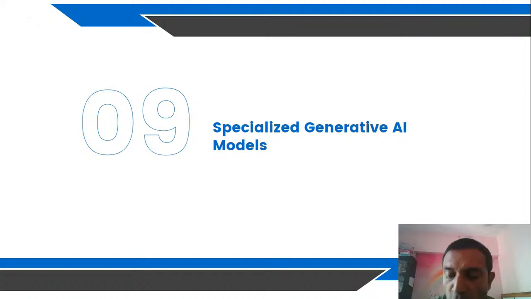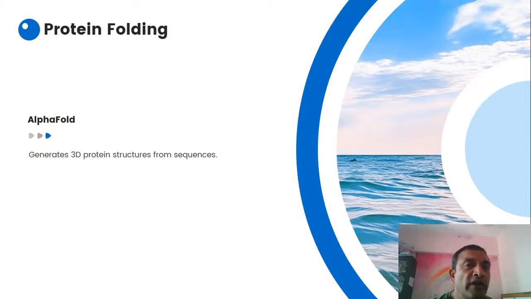Specialized generative AI models, so for very specific use cases, right? So protein folding, AlphaFold. So generate 3D protein structure from the sequence, right? So if you wanted to generate your molecule structure, or maybe any other kind of specific task you wanted to perform.